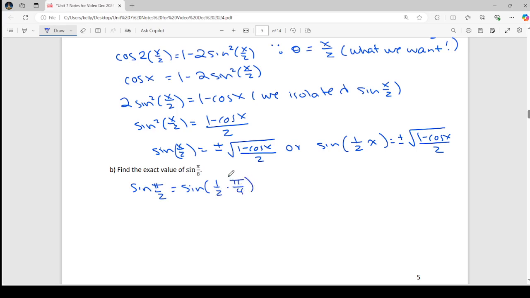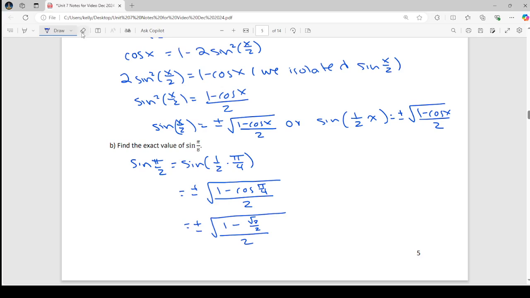Pi over 4 is an angle that we know how to do something with. So this will equal the positive or negative root of 1 minus cos of pi over 4, over 2. And the cos of pi over 4 is root 2 over 2.